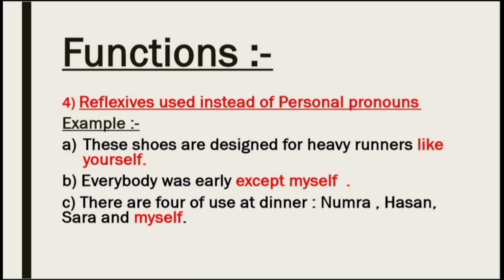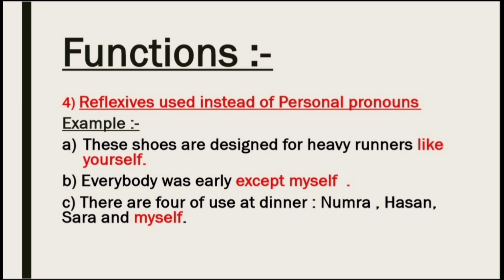The next function is reflexives used instead of personal pronouns. Reflexives are sometimes used instead of personal pronouns after as, like, but, except. Have a look at these examples. These shoes are designed for heavy runners like yourself.